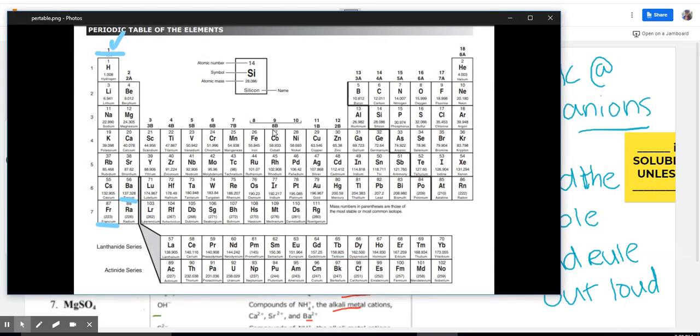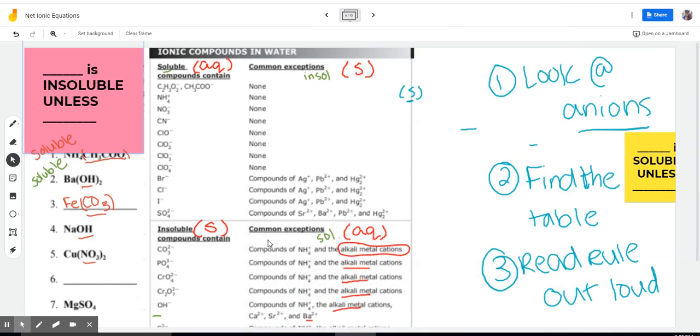So you have to look where Fe is. Fe is over here. That is not an alkali metal. So it does not get the exception. Therefore, this is going to be insoluble.